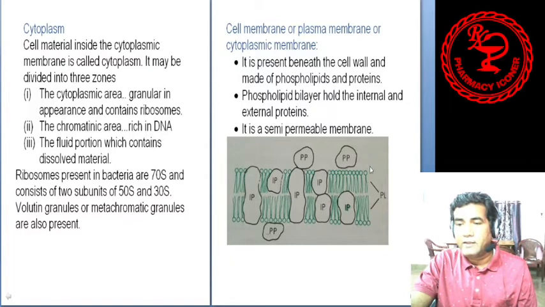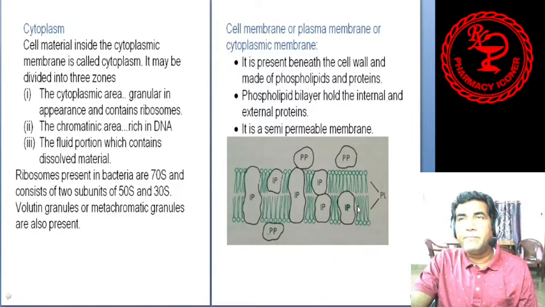This is the polar or hydrophilic part, and this is the non-polar or hydrophobic part. The hydrophobic parts face each other, and the hydrophilic part is outside the cell, and this is inside the cell. This is the plasma membrane, cell membrane or cytoplasmic membrane. The proteins are embedded: some proteins span the entire membrane, some are on the outer surface, some on the internal surface.